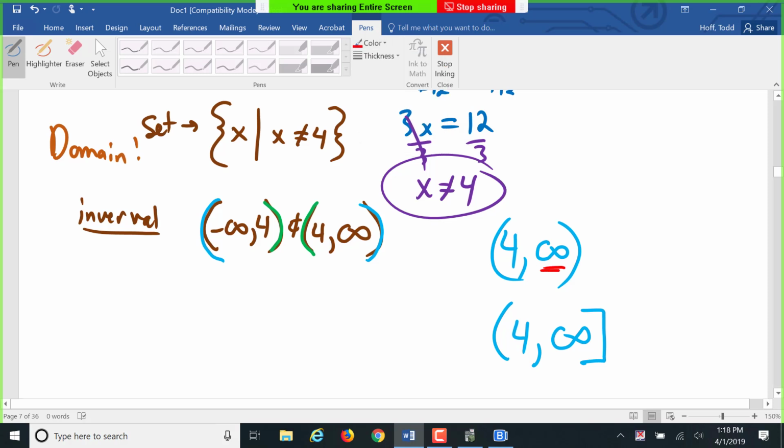This is saying it goes up to infinity but never reaches it. This is saying it goes up to infinity and it includes infinity. Well, can we ever actually reach infinity? No. So it is technically incorrect to put a square bracket on infinity. Whenever there's an infinity, whether it's a negative infinity or a positive infinity, we use the round bracket on it because you can never quite reach infinity.